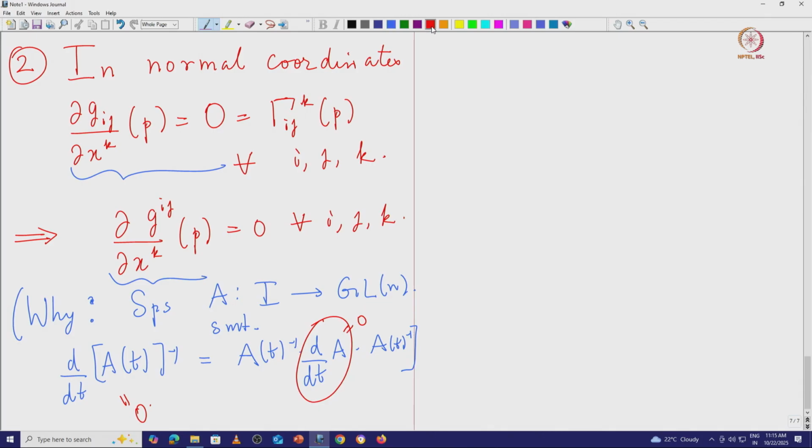So now in normal coordinates, if you look at the formula from part 1, so part 1 implies, remember that you had the following formula, plus something that is quadratic in gamma, right?